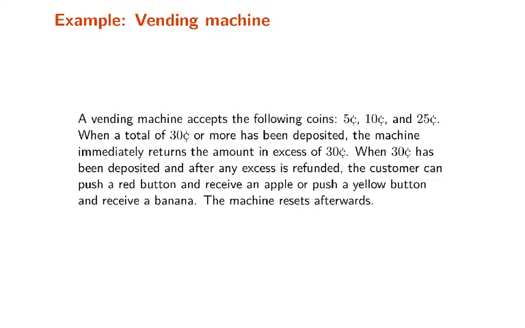When a total of 30 cents or more has been deposited, the machine immediately returns the amount in excess of 30. When 30 cents have been deposited and any excess is refunded, the customer can then push a red button and receive an apple, or push a yellow button and receive a banana. And the machine resets afterwards.